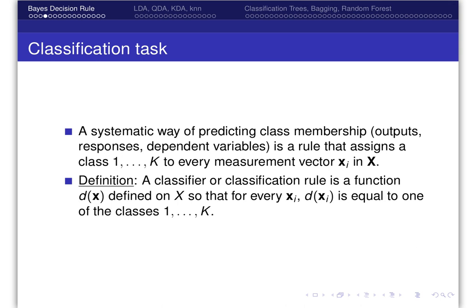A classifier is a systematic way of predicting class membership. Class membership can also be called outputs, responses, or dependent variables. So a classifier is a rule that assigns one of the k class labels to every measurement vector, that is, for subjects i going from 1 to n. The basic purpose of a classification study can either be to produce an accurate classifier or to uncover the predictive structure of the problem.